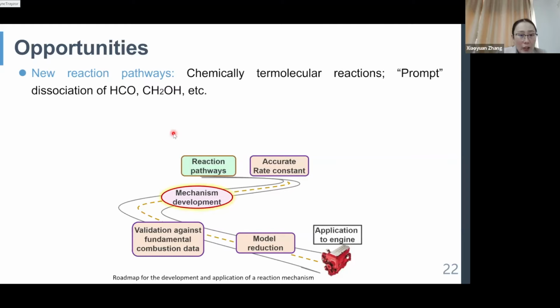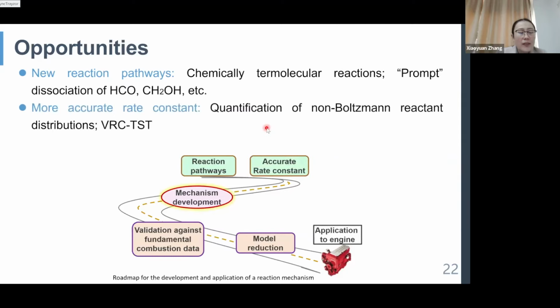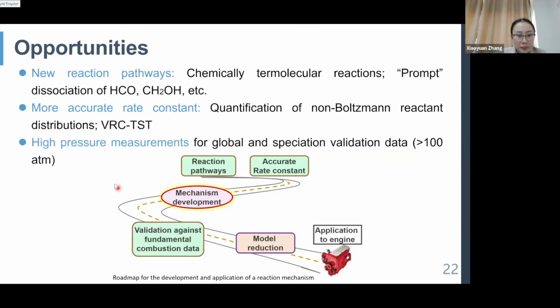Recently, new reaction pathways like chemically termolecular reactions and more accurate rate constants became available in the literature, providing opportunities to get more reliable sources for model development. In addition, high pressure measurements for global and speciation data are available, which can be used to further validate and optimize the core reaction mechanism.